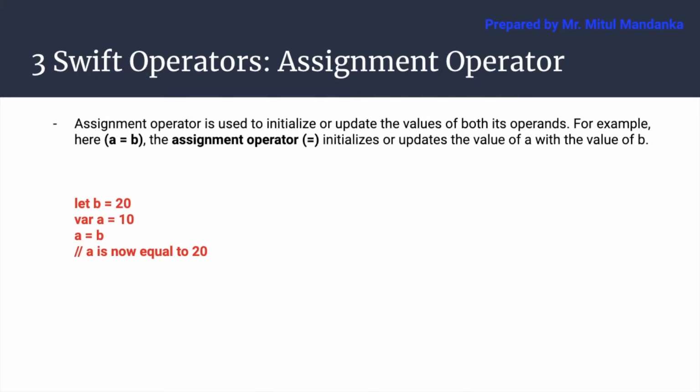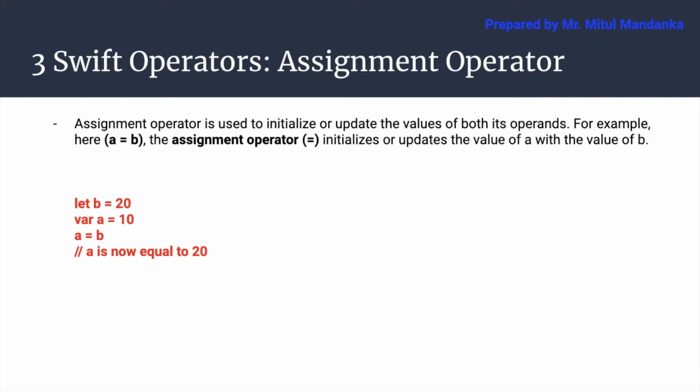Our first operator is the assignment operator. The assignment operator is used to initialize or update the value of its left operand. For example, here a is equal to b. The assignment operator initializes or updates the value of a with the value of b. Let's take one example. Let b equal 20, where a is equal to 10.